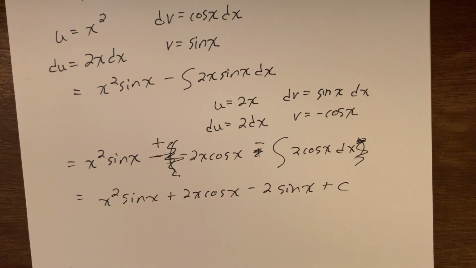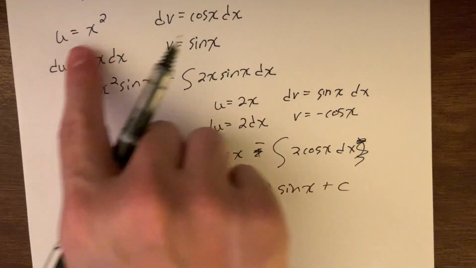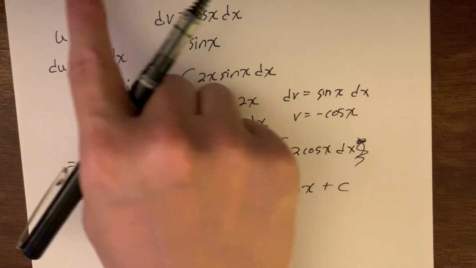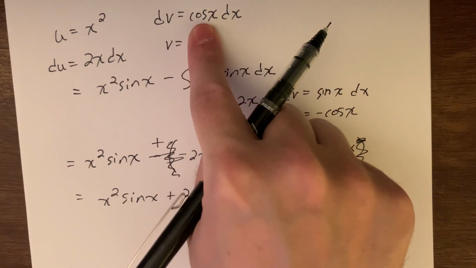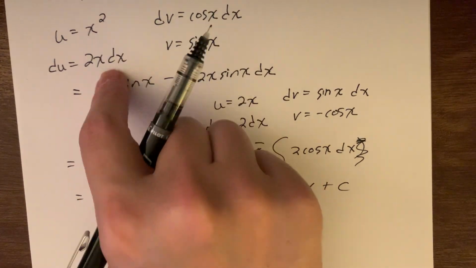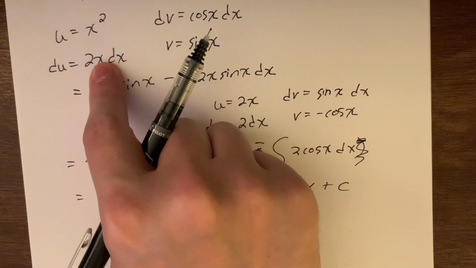Okay, let's move along. I could go back and do the same thing if I accidentally flip these. If you thought u was cosine, then dv would have the x squared. The derivative of cosine would be negative sine. That's a neutral move, okay?